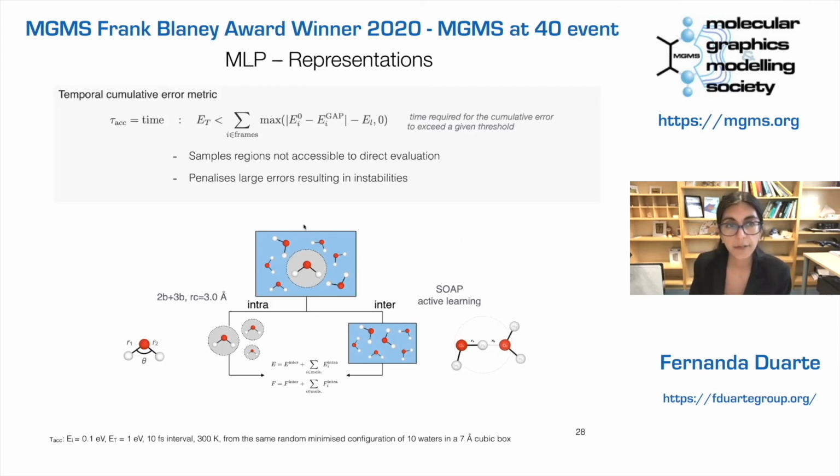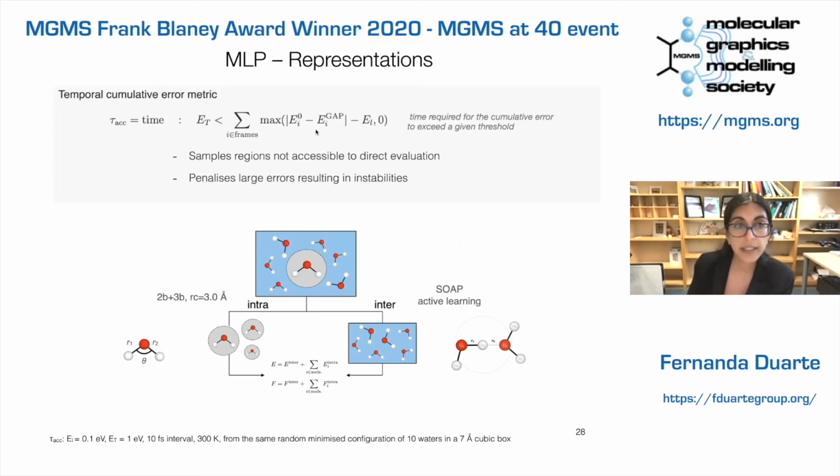So we identify this error metric that allows us to identify how quickly our potential is accumulating error. So it doesn't matter if once in many femtoseconds this simulation has a high energy and force, that will be accounted and penalized. So we have this counter of how stable our potential will be.